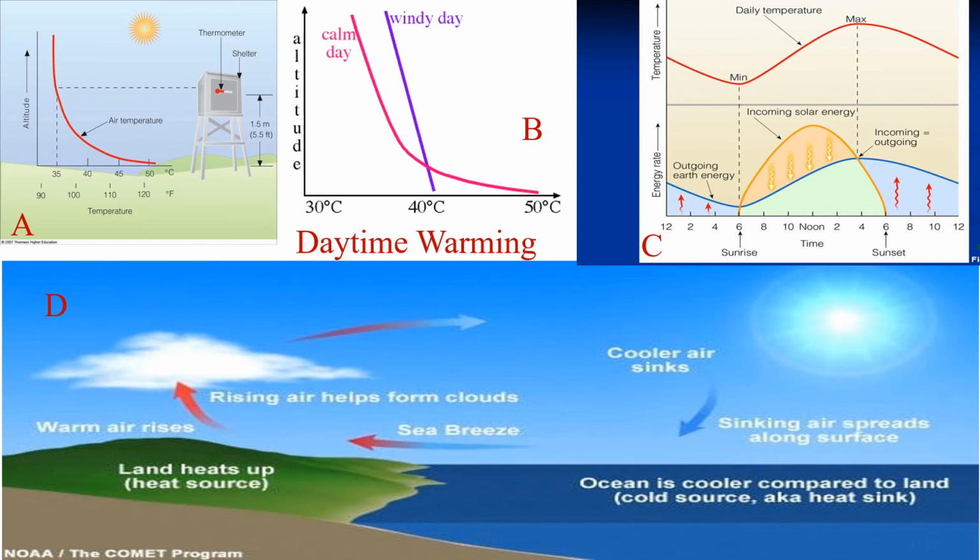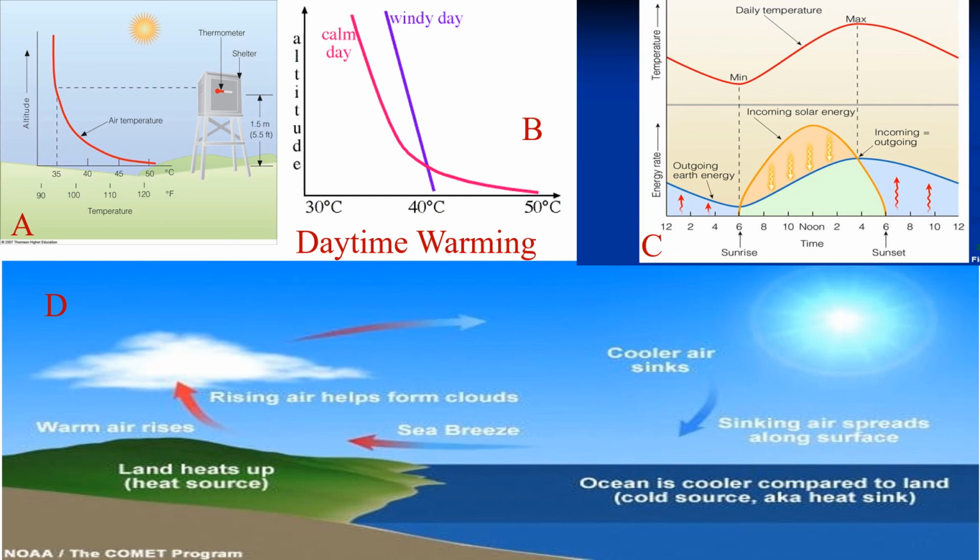So this would be our daytime warming in different states. For now, we understand that daytime warming depends on some situations. Number one, it depends on incoming solar radiation. Number two, it also depends on terrestrial radiation. And we know that on an open, sunny, not windy day, we have maximum temperature after noon.